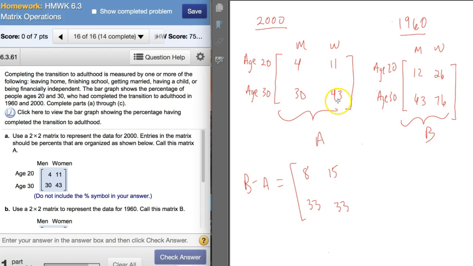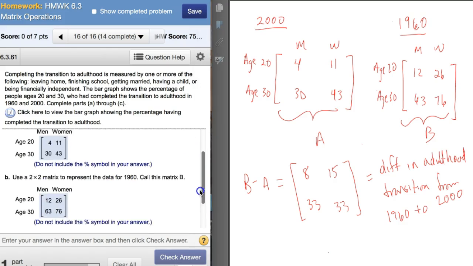Yep, 6 minus 3 is 3, and 7 minus 4 is 3. And so that would be the difference. So the difference in adulthood transition from 1960 to 2000.